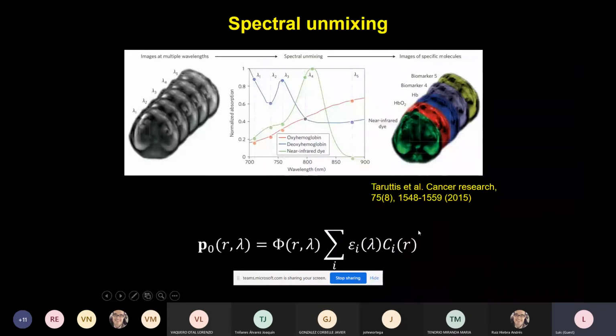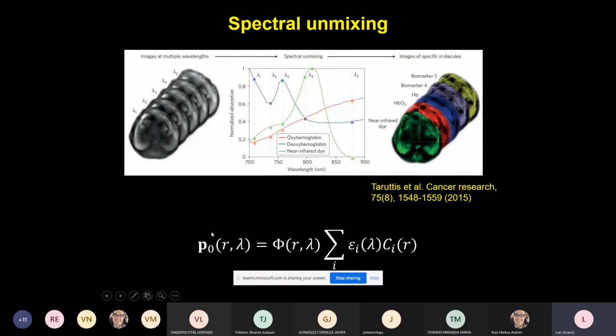The optoacoustic signal is given by the concentration of the different probes and what's called the extinction coefficient, which is the absorption as a function of wavelength of the different probes, multiplied by the fluence, which is basically the energy density of the laser.